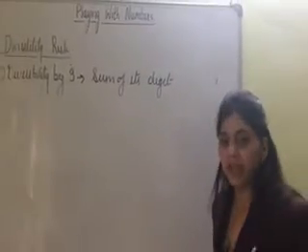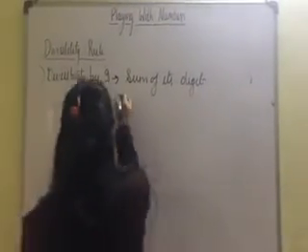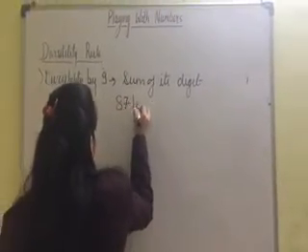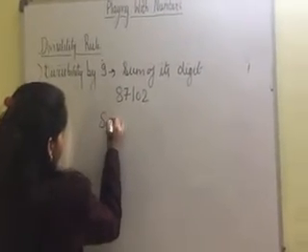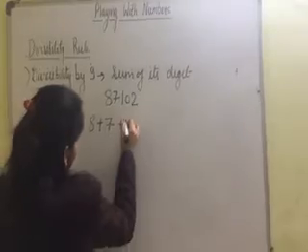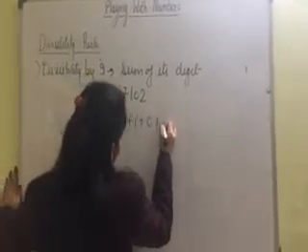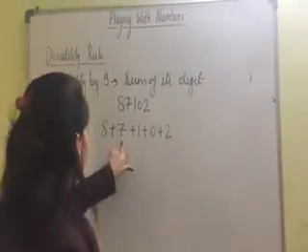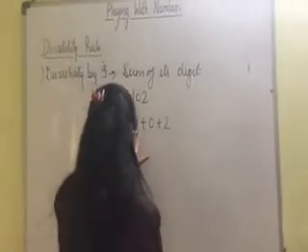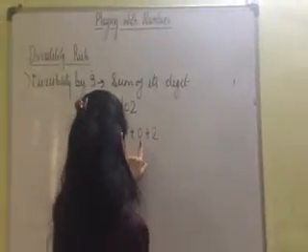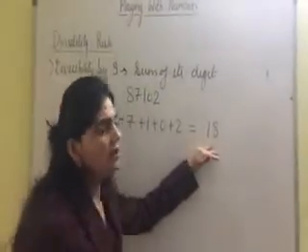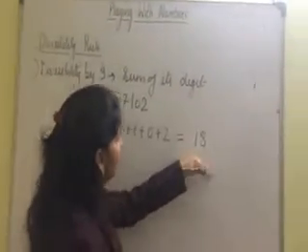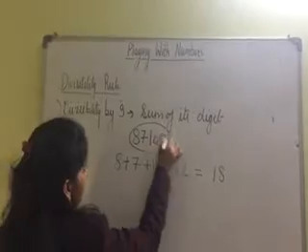The example is 87102. The sum of digits is 8 plus 7 plus 1 plus 0 plus 2. 8 plus 7 is 15, plus 1 is 16, plus 0 is 16, plus 2 is 18. Is 18 divisible by 9? Yes. That's why this whole number is divisible by 9.